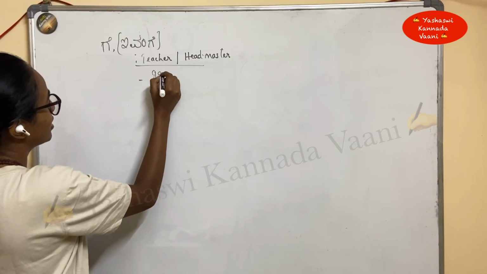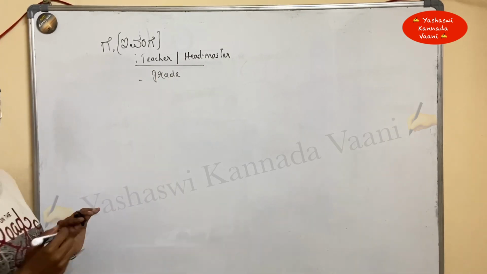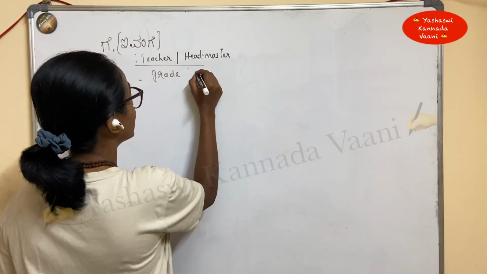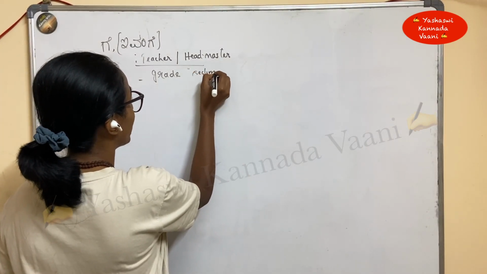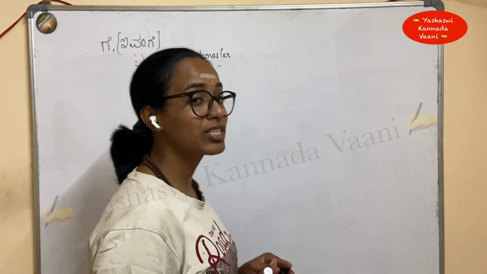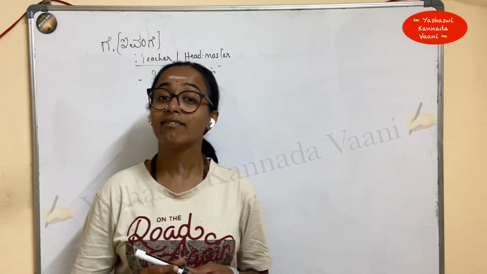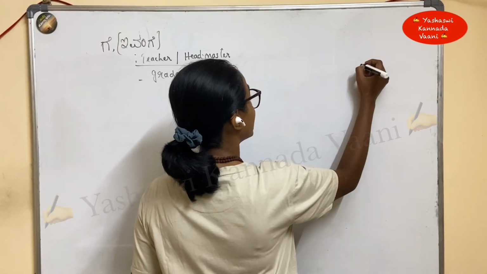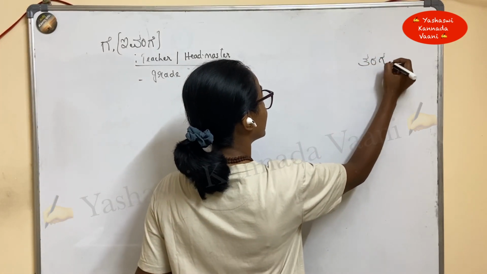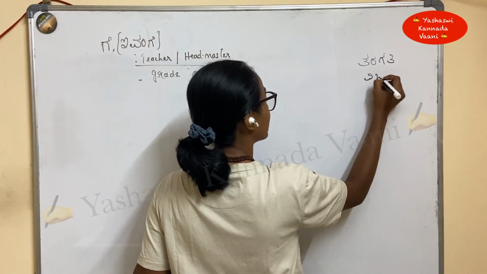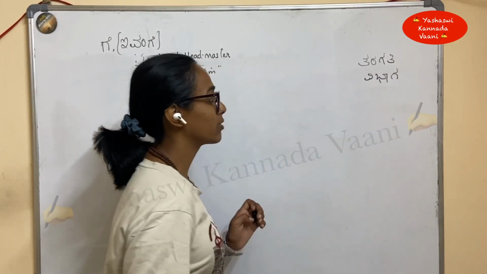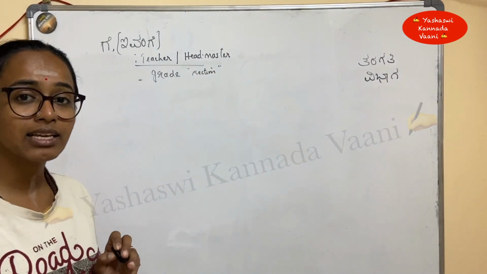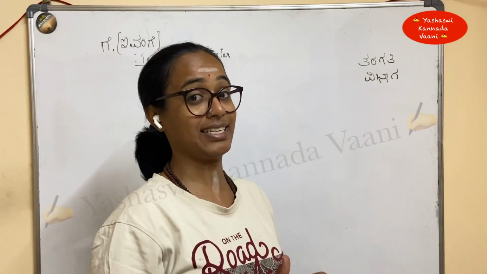This dog doesn't stop actually. Illi nimma grade baribeku. If you have a section, you can mention the section you are in. In Kannada, a section is called vibhaga. Taragati andre class, vibhaga andre section. So it can be 6ನೇ ತರಗತಿ C vibhaga, 6th standard C section.